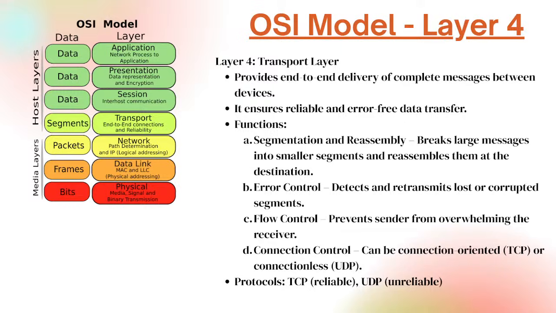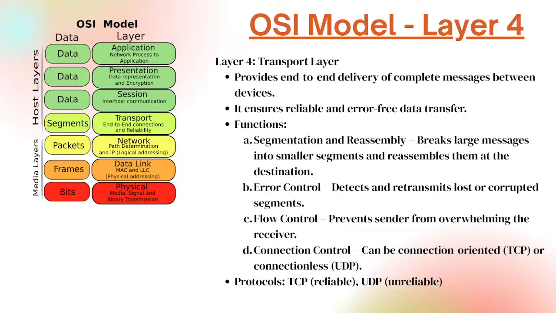Segmentation and reassembly are both very important in the transport layer, because we are talking about sender to receiver and receiver to sender. At the sender end segmentation happens, and at the receiver end reassembly happens.